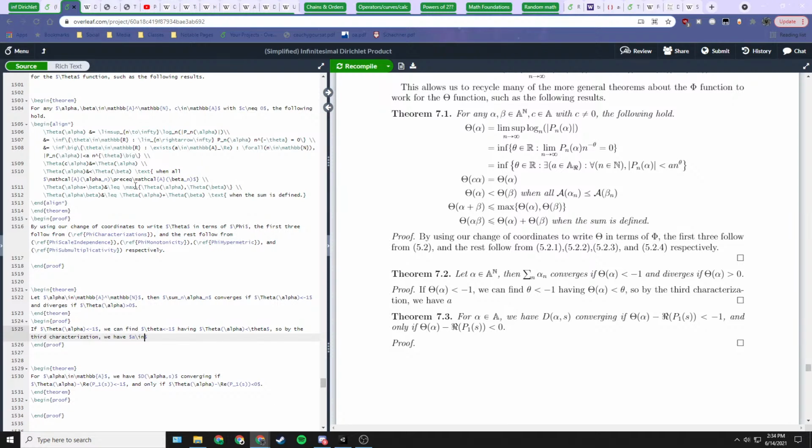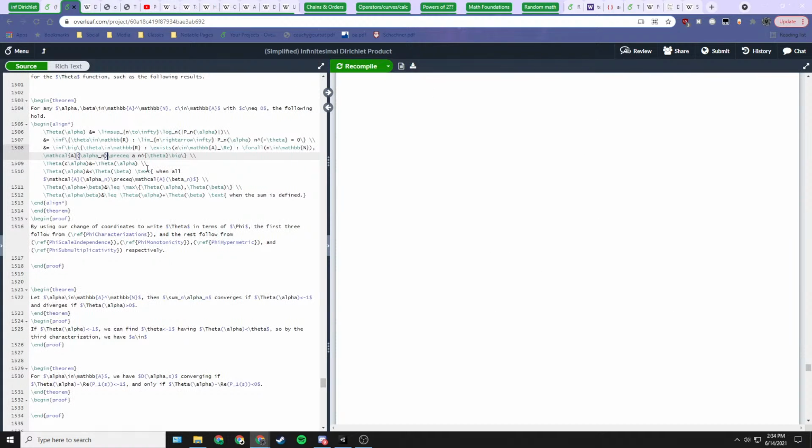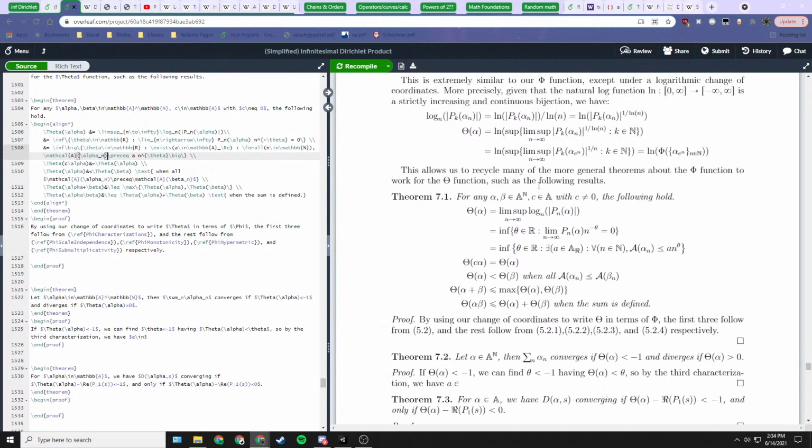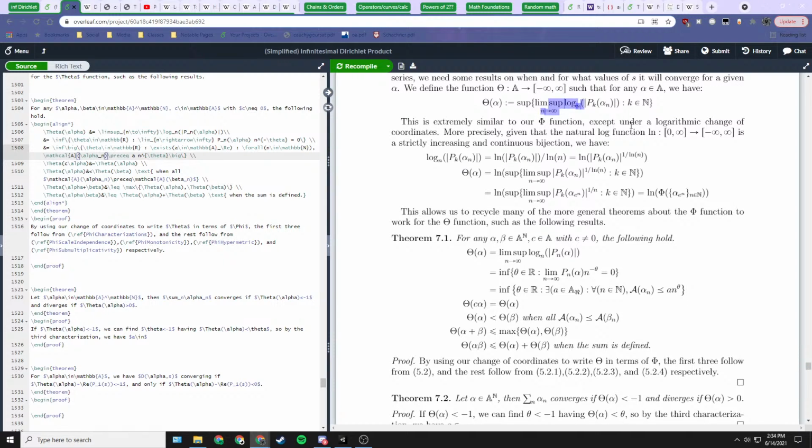This should be like equal to. This shouldn't be Pn, this should be alpha sub n. And this should be opposite value, should be A. Okay. I think that fixed that. And this shouldn't be lim supremum log. This should be supremum of lim supremum log.